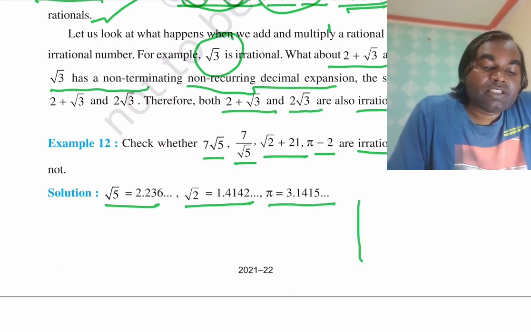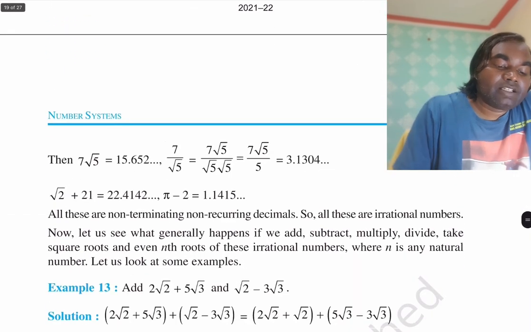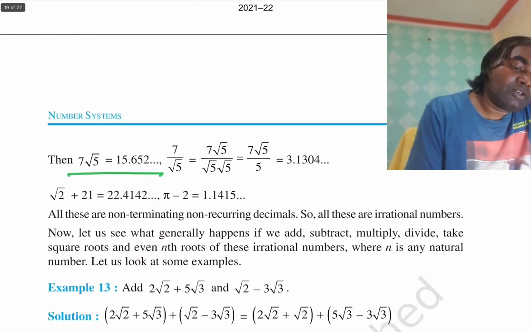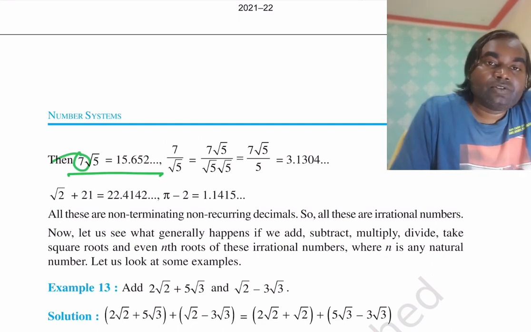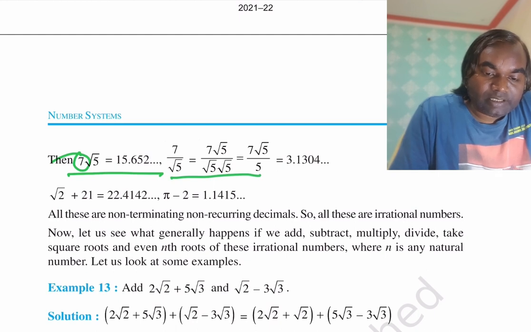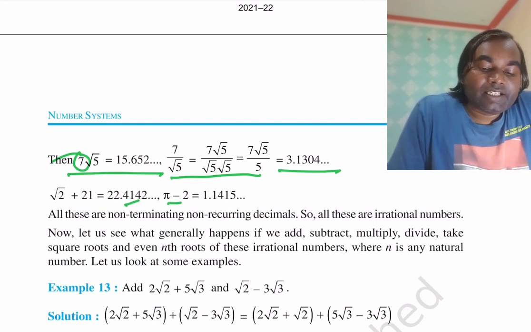Using these you can get 7 into square root 5 by multiplying the value of square root 5 by 7. Similarly you get the others, and by simplification it will give these values. All these are non-terminating, non-recurring decimals. That means all these numbers are irrational numbers.